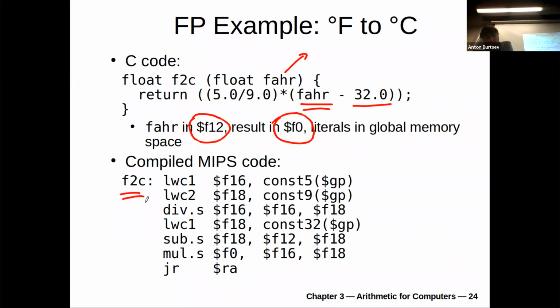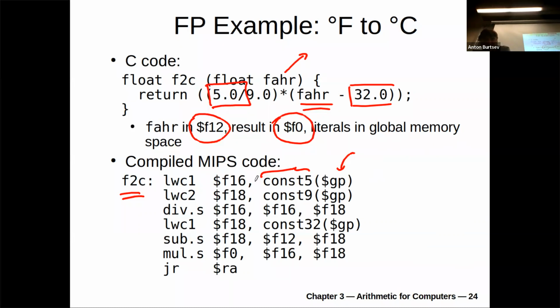So when you compile this function, you will see something like this. Load word into coprocessor 1, which uses an address relative to the static global portion of your program. This is where your constant 5 will be sitting, an offset within the data section.